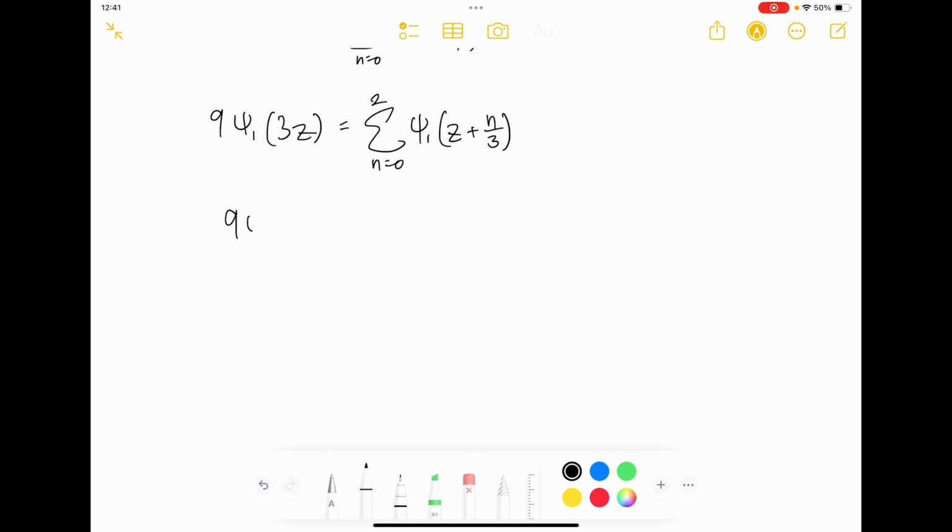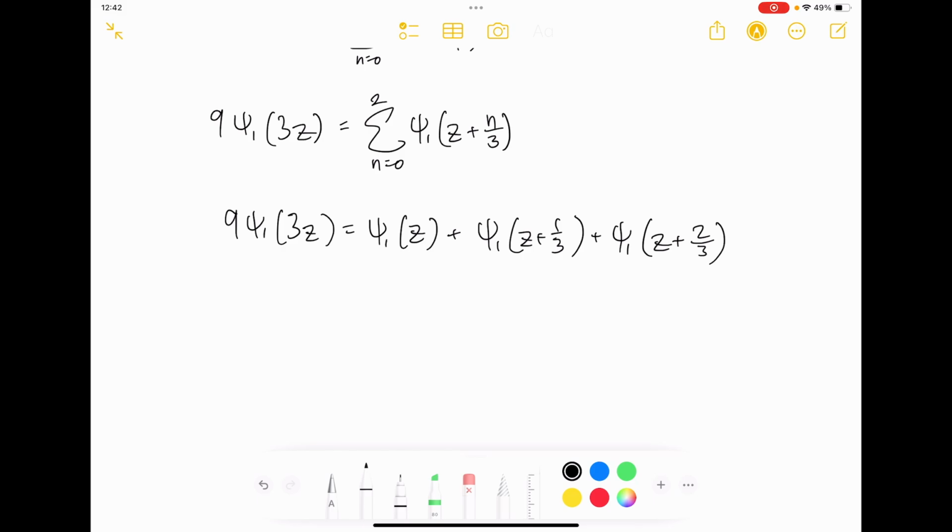So we have 9 times psi 1 of 3z is going to be psi 1 of z plus psi 1 of z plus a third plus psi 1 of z plus 2/3. And remember, we wanted a third difference between these two terms, which is what we got.